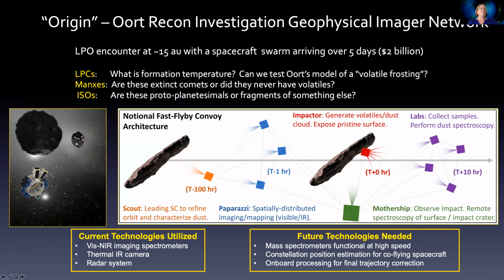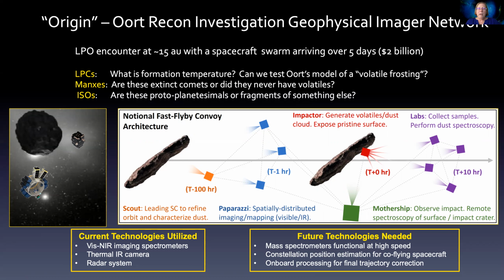You could have a mother spacecraft with a whole bunch of subcomponents on it that releases everything in advance, and a scout could come do some initial reconnaissance, look at the materials in the near nucleus environment. You could have impactors that could help release some gas and dust, where you could fly laboratory small satellites through a plume to collect samples, everything relaying it back to the mothership, which stays off at a safe distance.